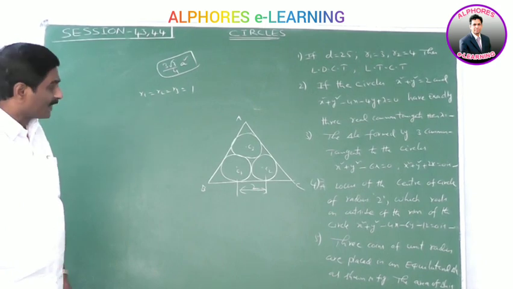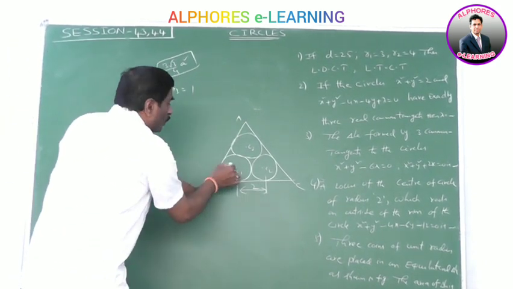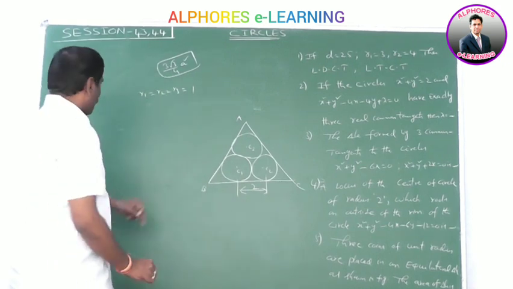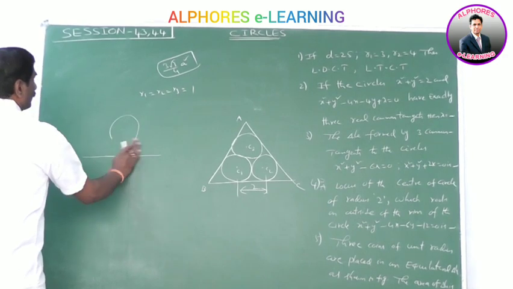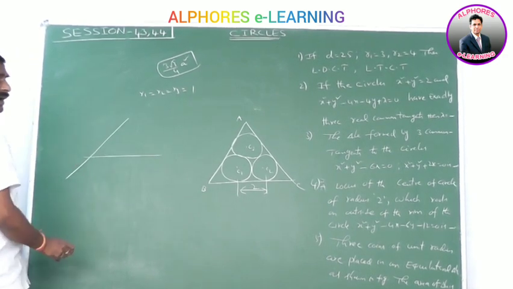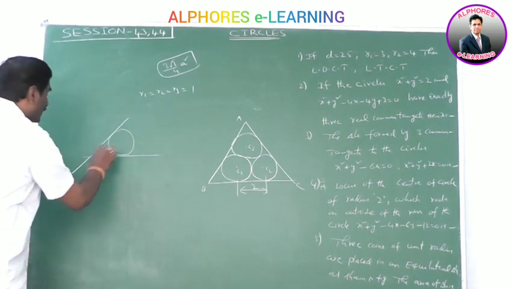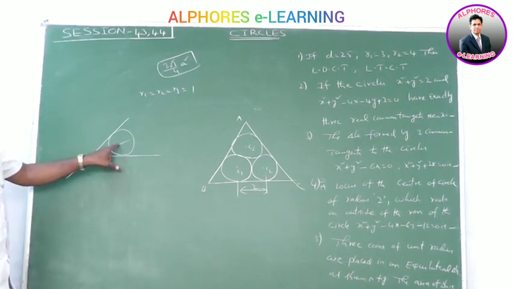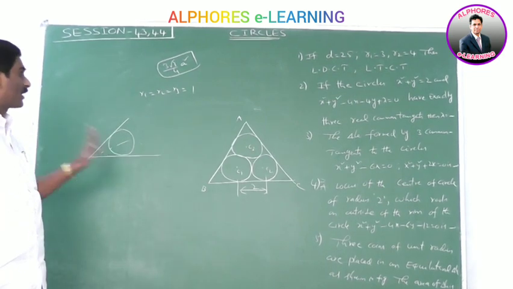Next, these two lines are tangents to circle C1. If two lines are intersecting and tangent to a circle, then the locus of the center of the circle is the angular bisector.